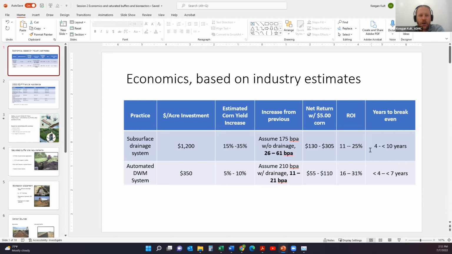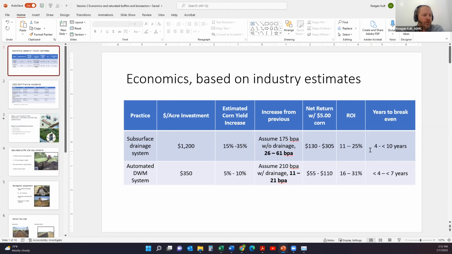Before, we set up a lot of these drainage water management schedules to be convenient for the farmer, so they wouldn't have to go out there and change outlet elevations throughout the year more than 3 or 4 times. But if that can be done remotely, I think the convenience factor doesn't need to be as high as what it was before. So getting to that 5 to 10% yield increase, I think it's a reasonable estimate.